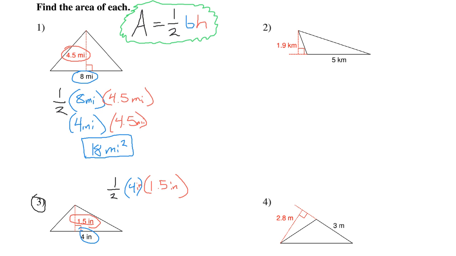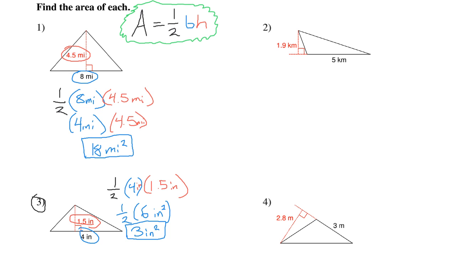I'm going to multiply the 4 inches by the 1.5 inches right off the bat. So 4 times 1.5 is 6. Factor in my units, 6 inches squared. So now I've got 1/2 times 6 inches squared, which is 3 inches squared. And there is my answer for that one.